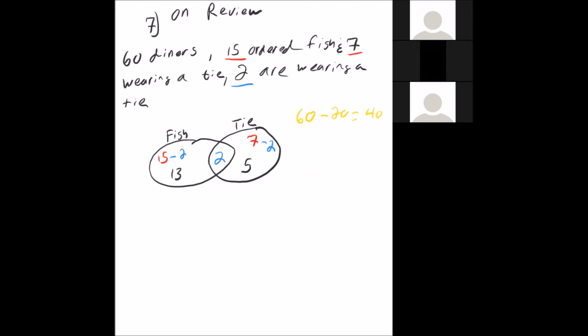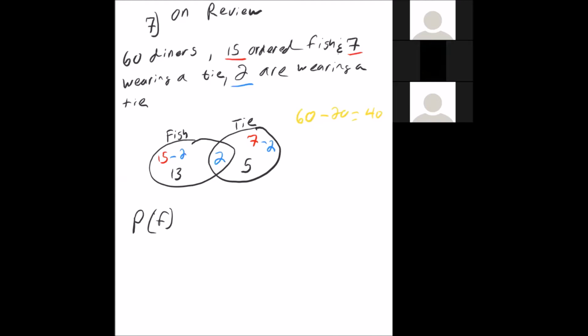So we're trying to find the probability of the diners who ordered fish. What is the probability that one of the diners ordered the fish or is wearing a tie? So the probability of fish, I'm just going to put an F here, or means what? What would you do if I said or?